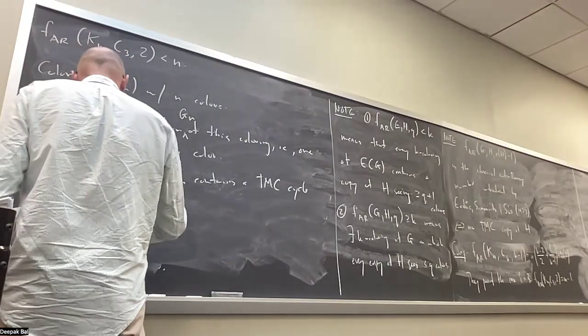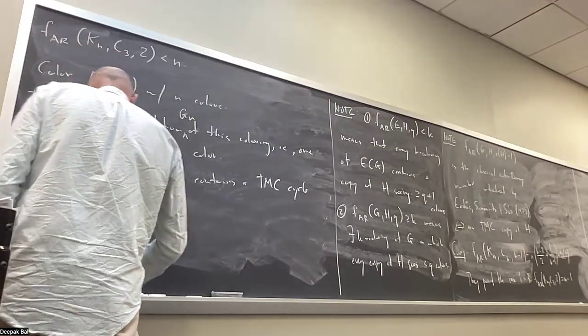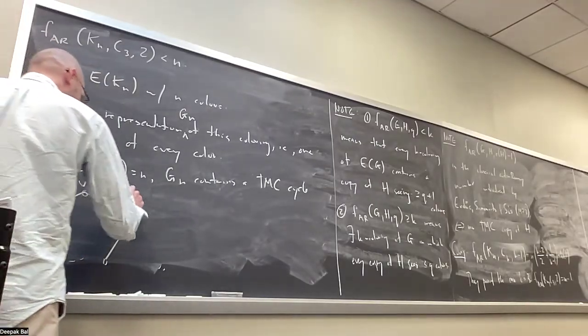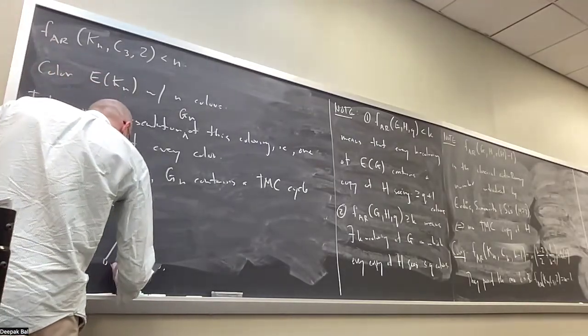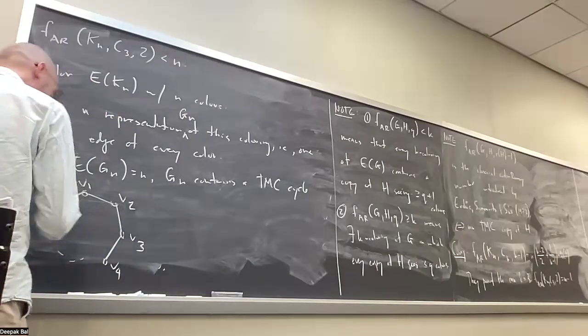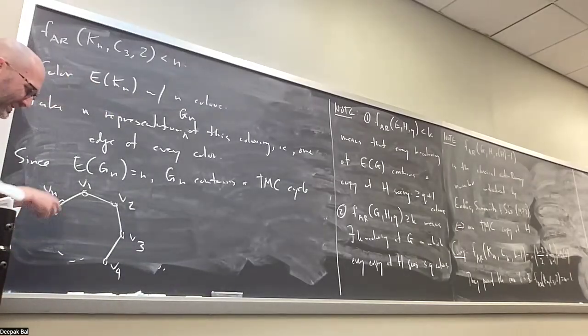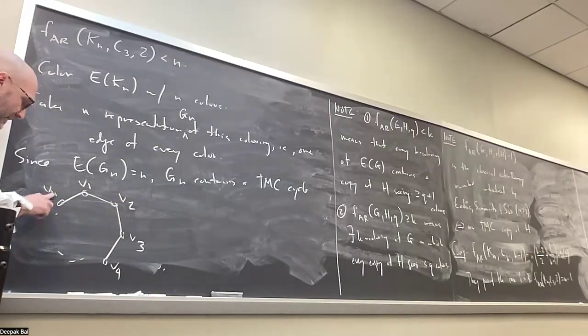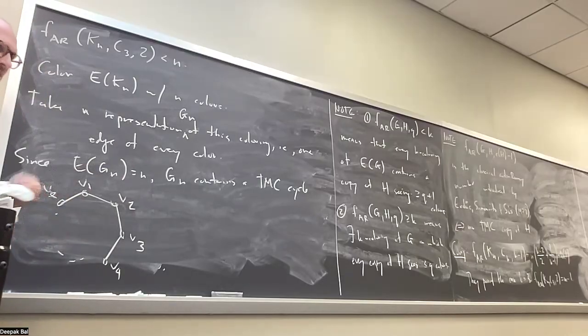So here's what that cycle looks like. Sorry, I'm not going to use multiple colors because I'm too tired, and it would be way too slow. So here's my totally multicolored cycle. Let's imagine it has some number of vertices in it, right?